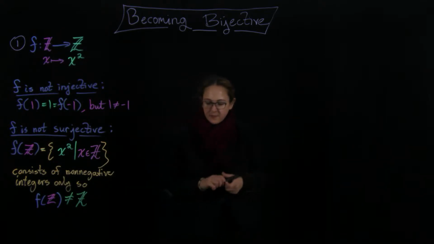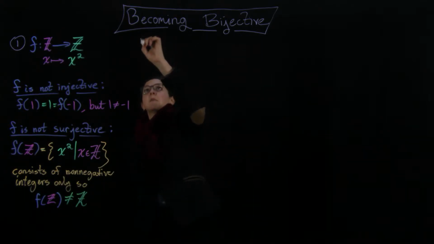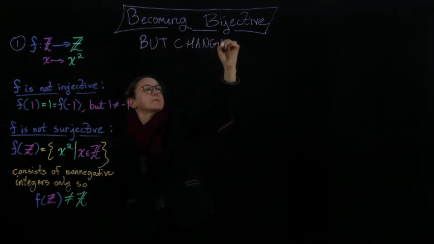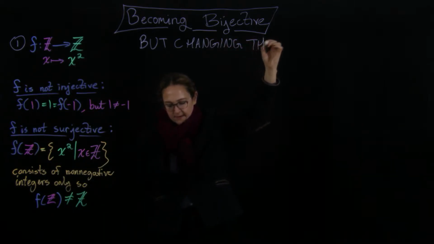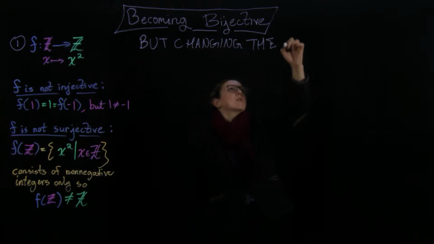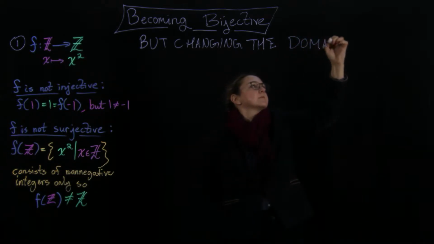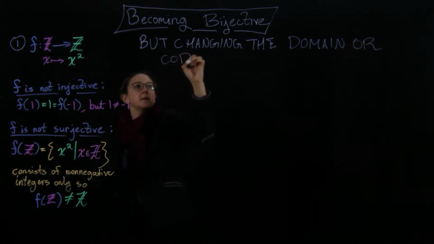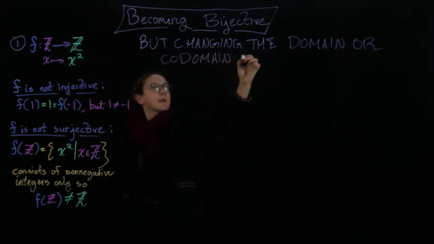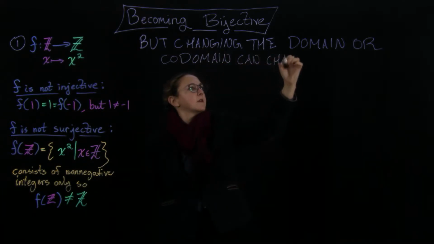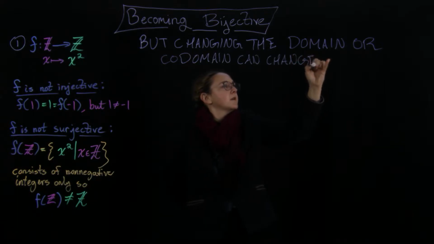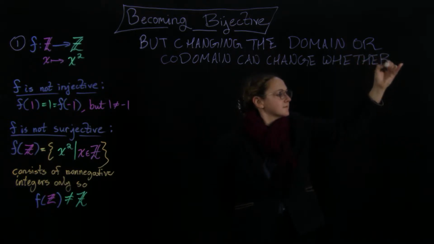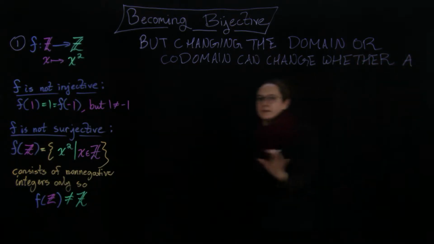Here's what this lecture is all about: changing the domain or codomain can change whether a function is injective or surjective.